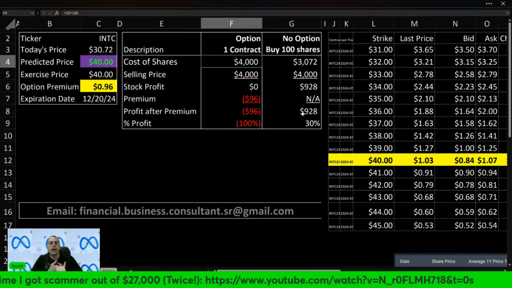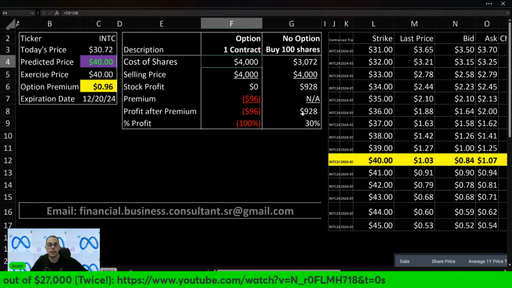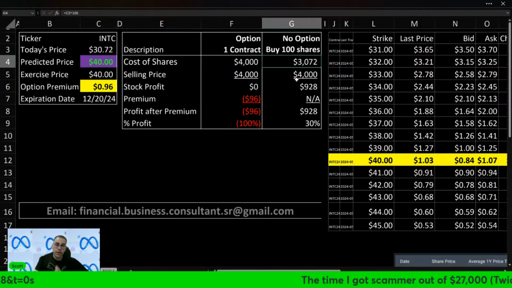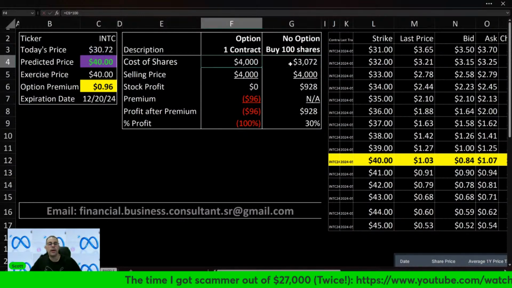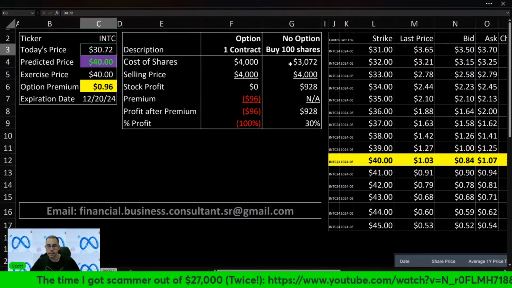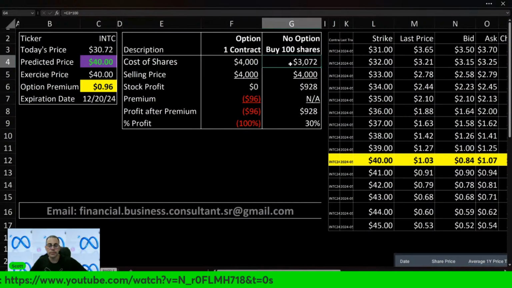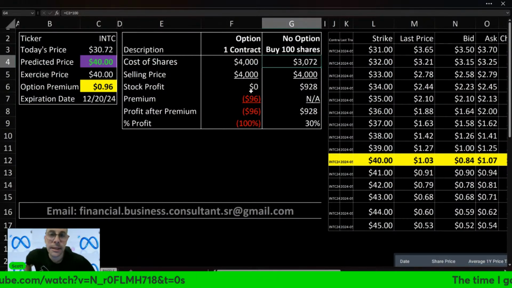If you buy one option contract on Intel, it only costs $96, and you control 100 shares, right? Alternatively, you can just buy 100 shares of Intel because it's $30.72 today. So you can spend $3,072 and buy 100 shares. But that's expensive, right?